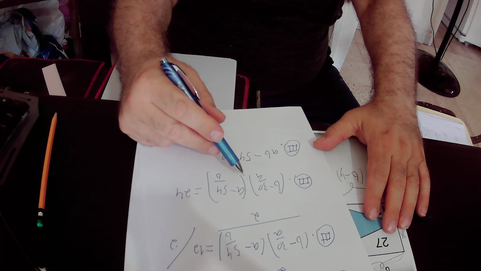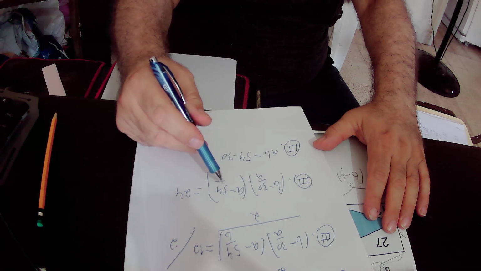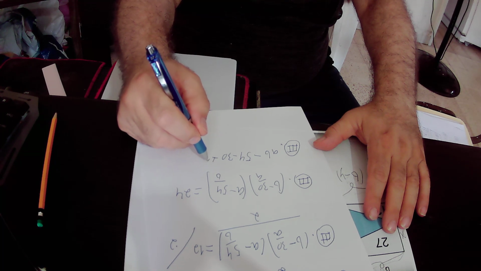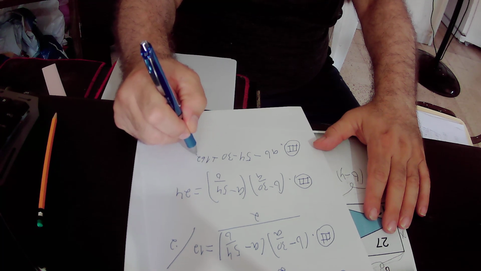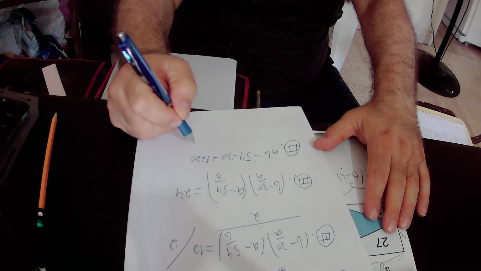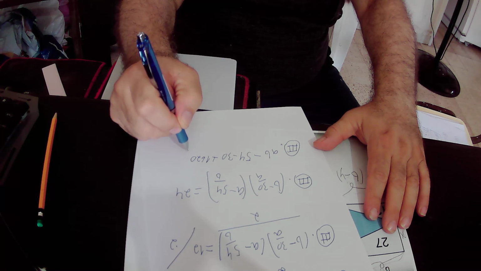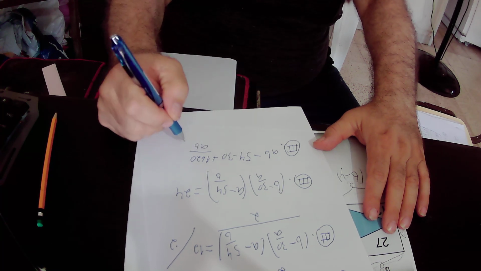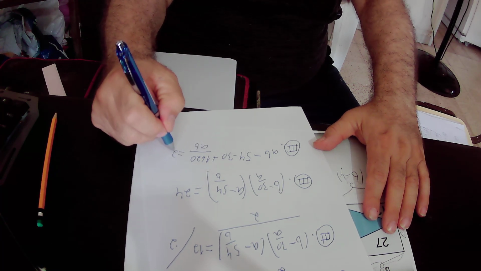And minus 30 over a times minus 54 over b equals 1620 over ab, and all equals 24.